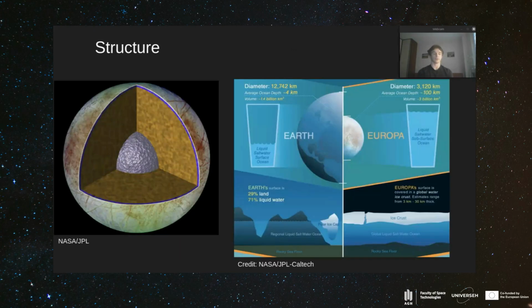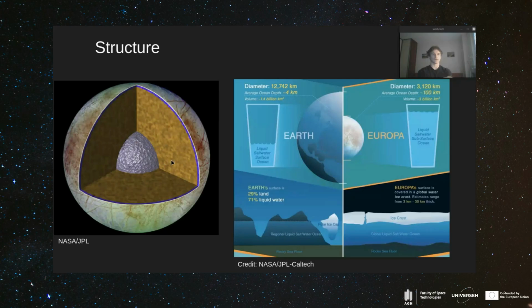Now I would like to focus on the structure. You can see here on the left, also from Jet Propulsion Laboratory, part of the cross section of Europa. We have at the center its core, probably made of iron sulfide or nickel.